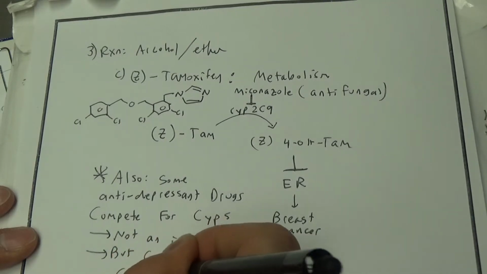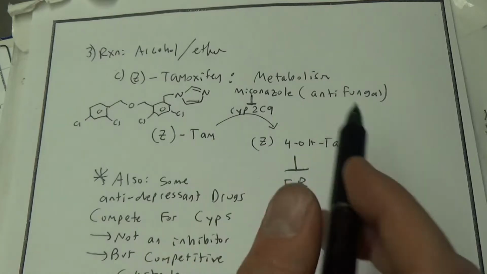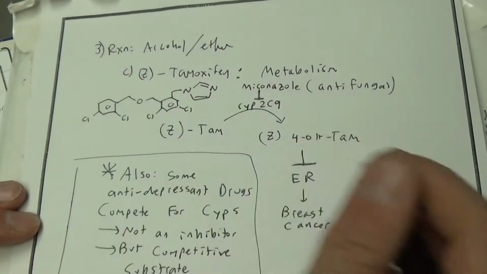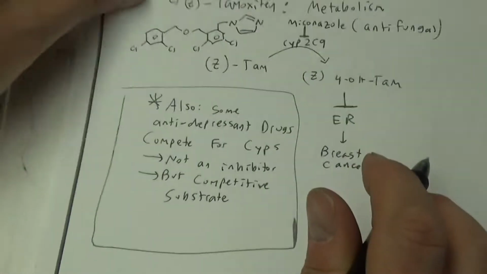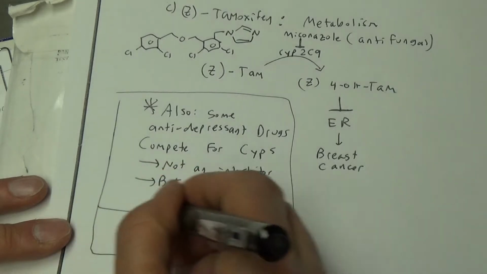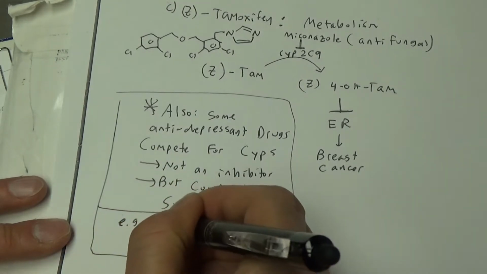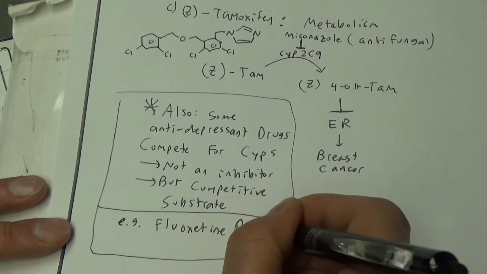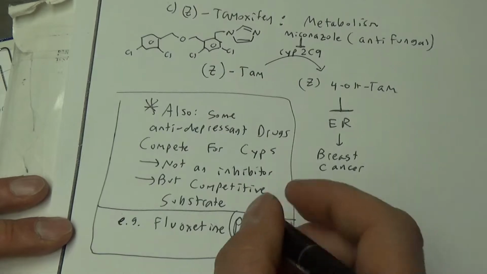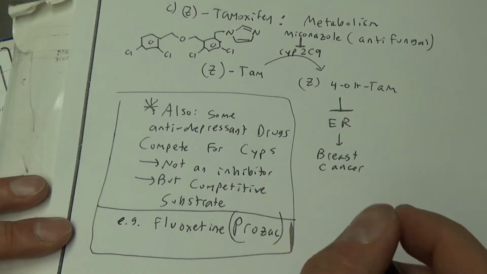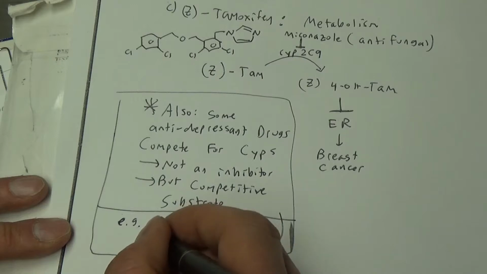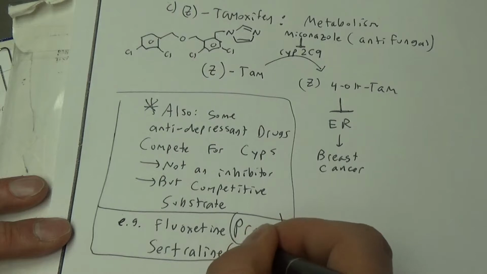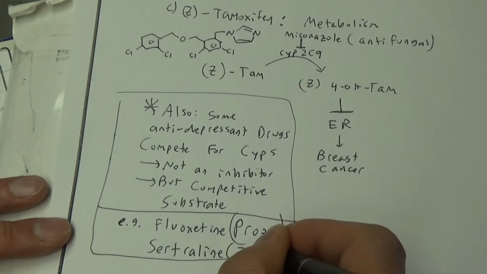And that can affect the activity of a drug like tamoxifen. I think the specific examples of this are fluoxetine, which is Prozac, one of the common SSRI antidepressants, and sertraline, which is Zoloft, also used as an antidepressant.